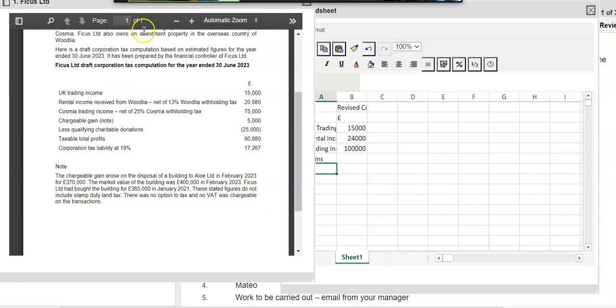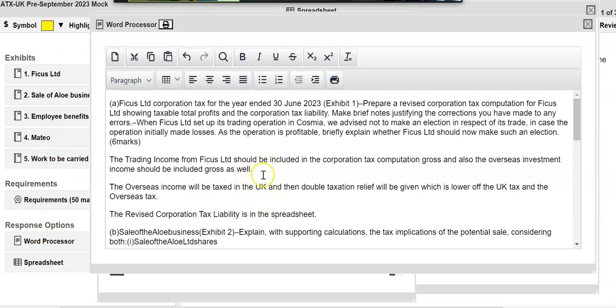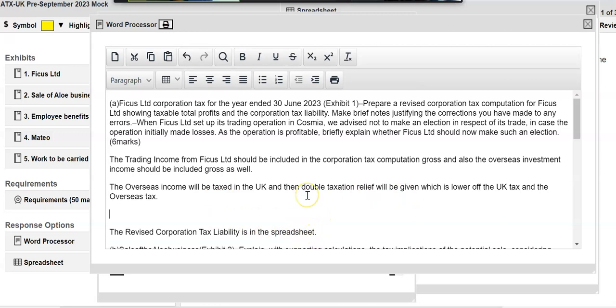So I will go back and I will enter this part in my word processing as well. So the chargeable gains are not taxable because it will be part of my briefing notes. The chargeable gains are not taxable because it was the sale to a 75% group company, right?